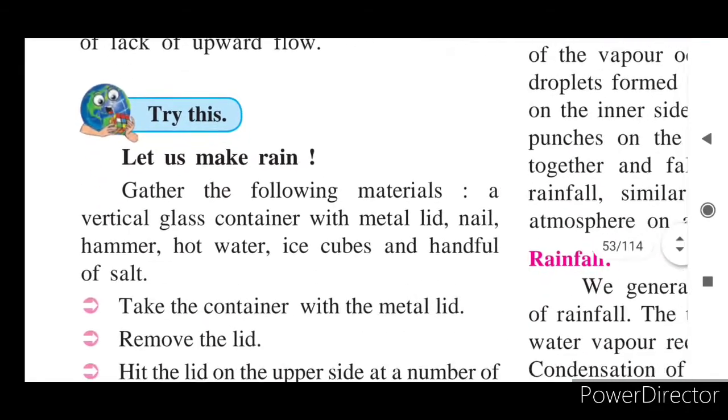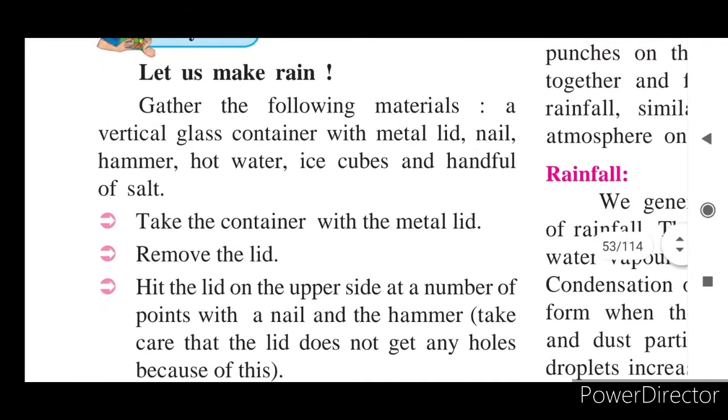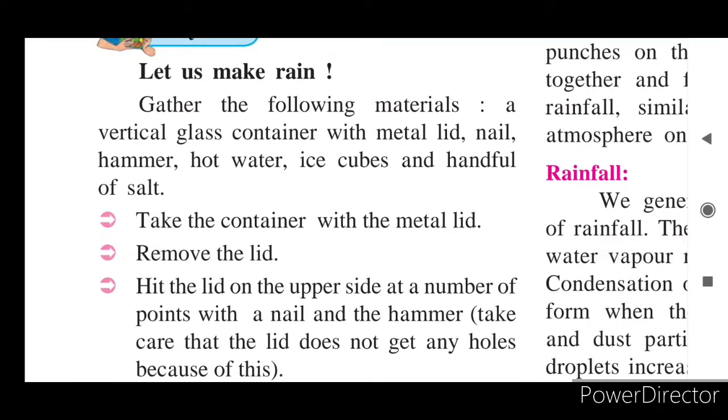Now let us try this. Let us make rain. Gather the following materials: a vertical glass container with metal lid, nail, hammer, hot water, ice cubes, and a handful of salt. Take the container with the metal lid. Remove the lid. Hit the lid on the upper side at a number of points with a nail and the hammer.